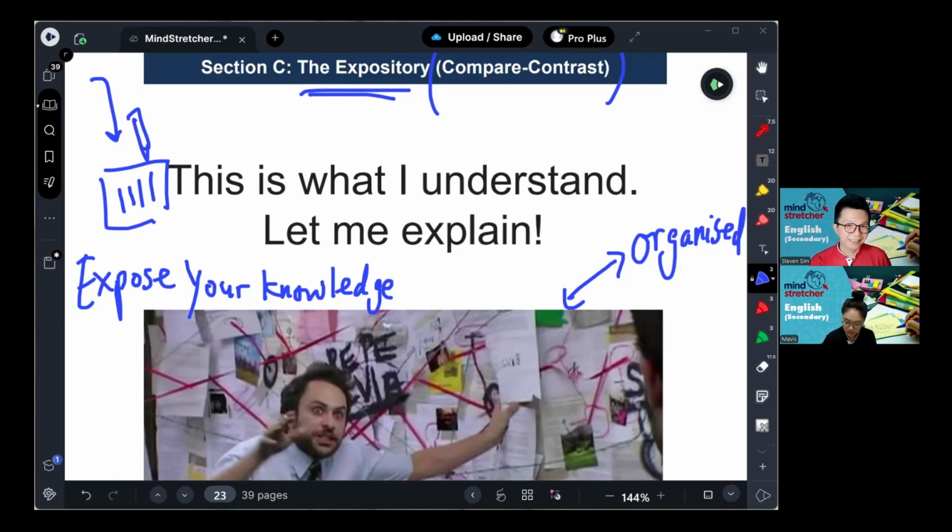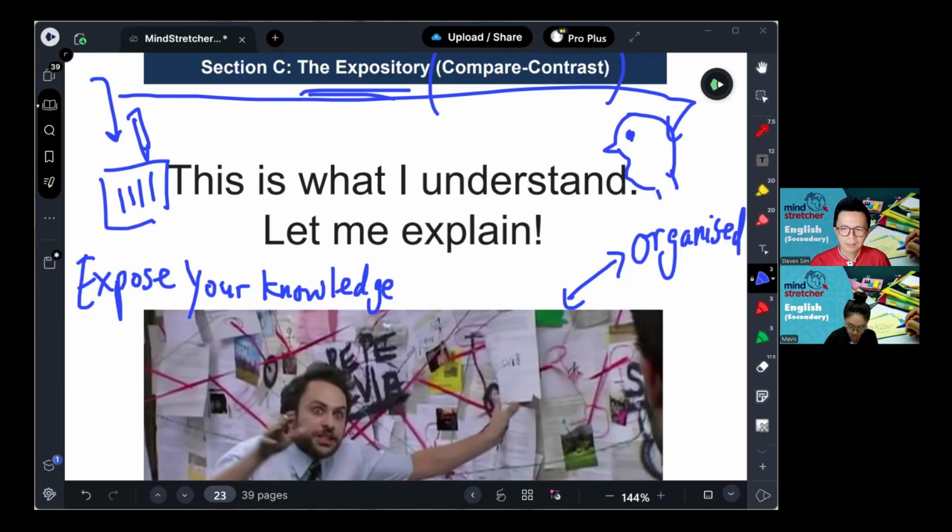So for a successful expository essay, you actually need to jump into the head of your reader. Say, okay, so if this is your reader, then you need to think about how he will perceive things when he reads those words.